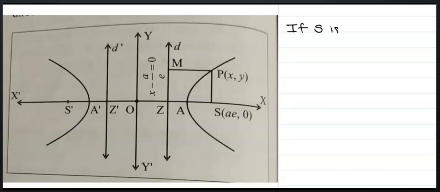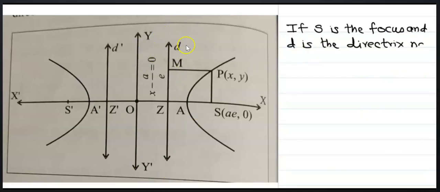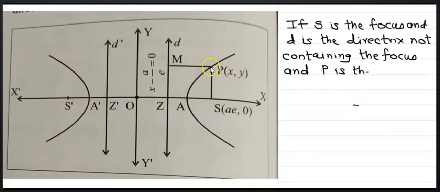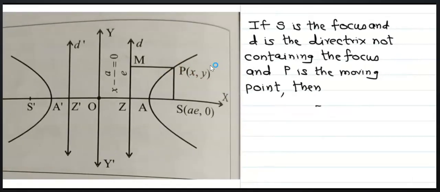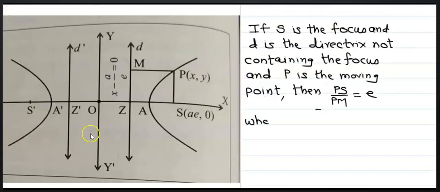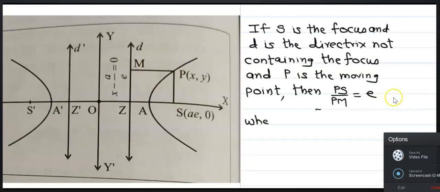Now see this here. If S is the focus and D is the directrix, and P is moving, then PS upon PM equals e.